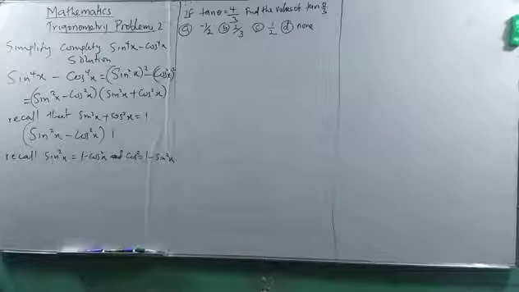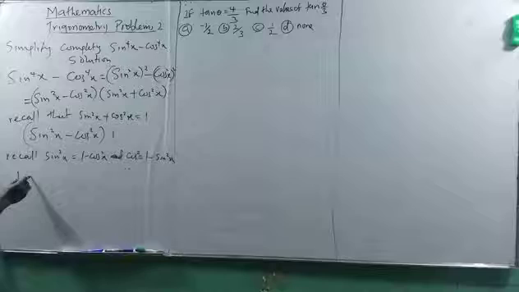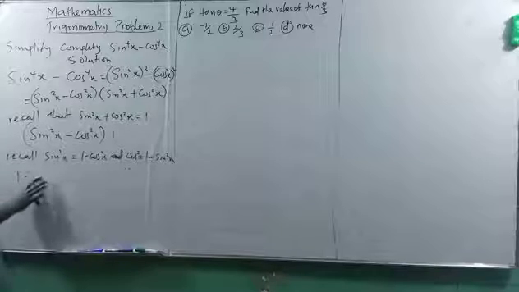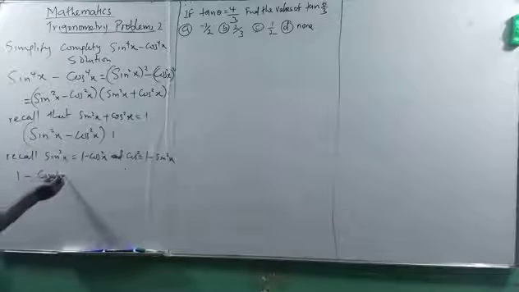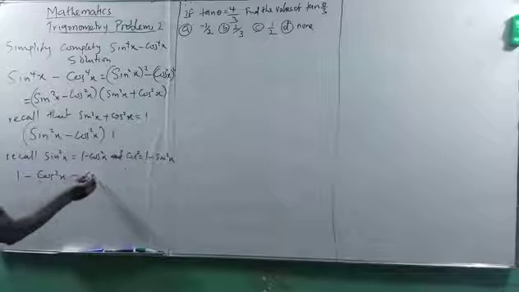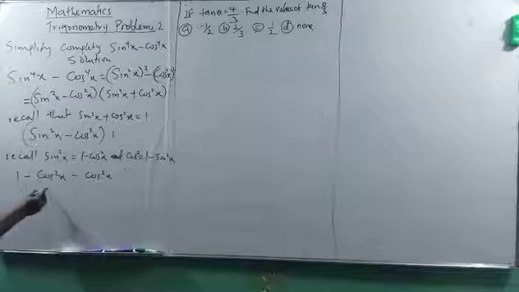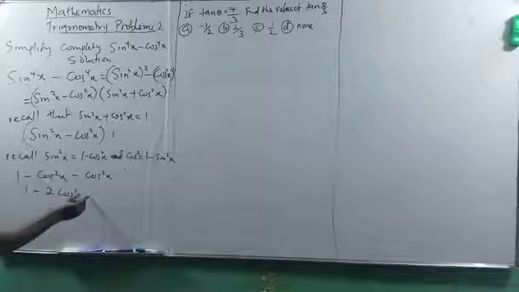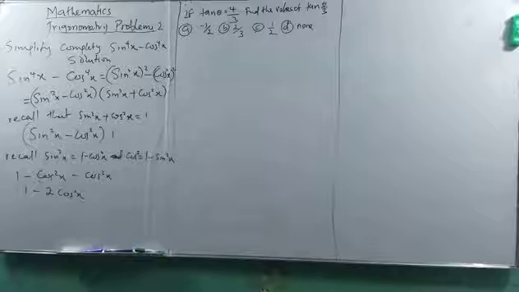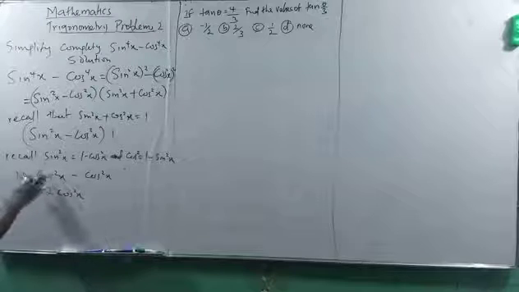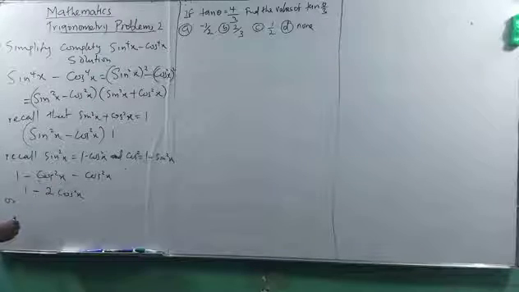The first journey I will go through is I can decide to have 1 minus cos square x minus cos square x, which I will be having 1 minus 2 cos square x. Now, I think that is not bad. I can also say that, or if I should move on to cos, it will be what?